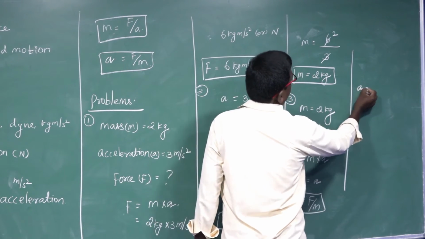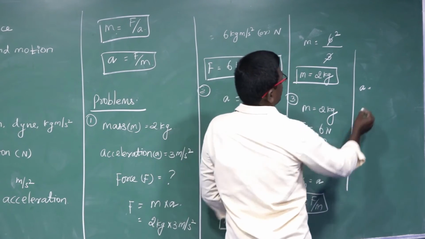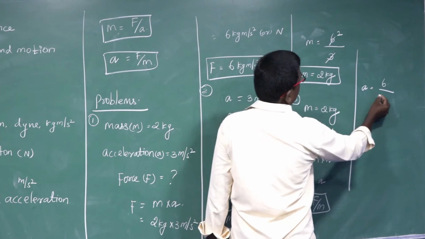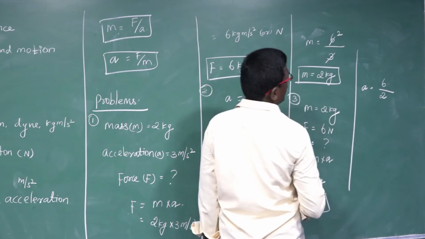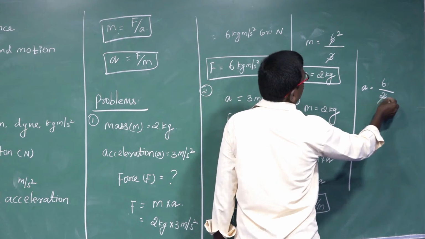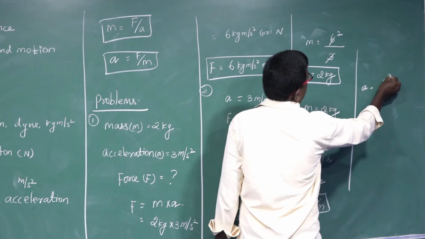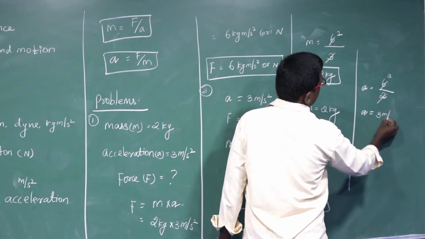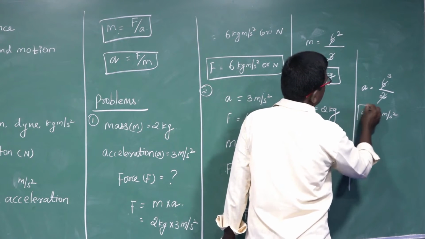So A equals 6 divided by 2, which is 3. Acceleration A equals 3 meter per second square.